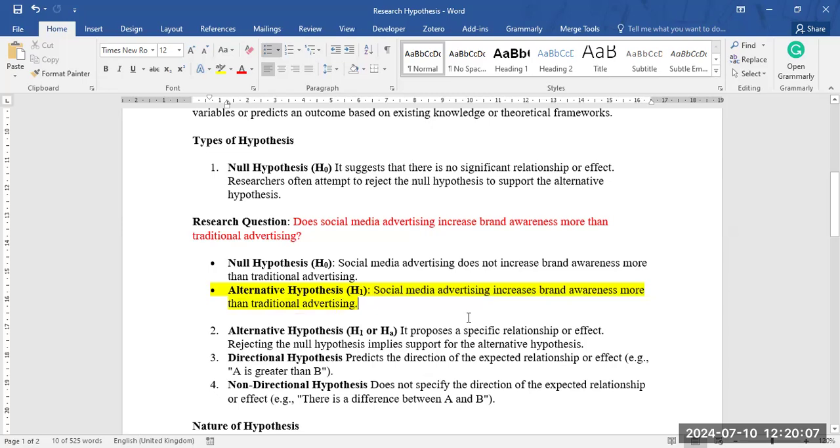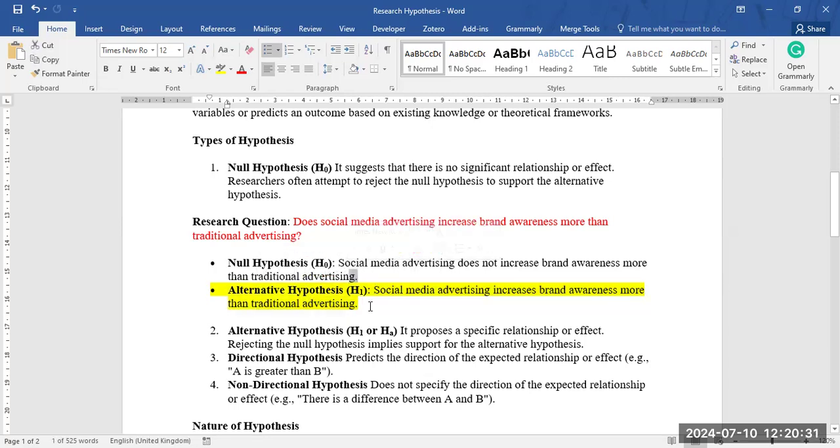Then they collect the data about social media advertising, traditional advertising and brand awareness, and then they test that hypothesis by doing some statistical analysis. They can test whether they can accept this alternative hypothesis or reject the null hypothesis.